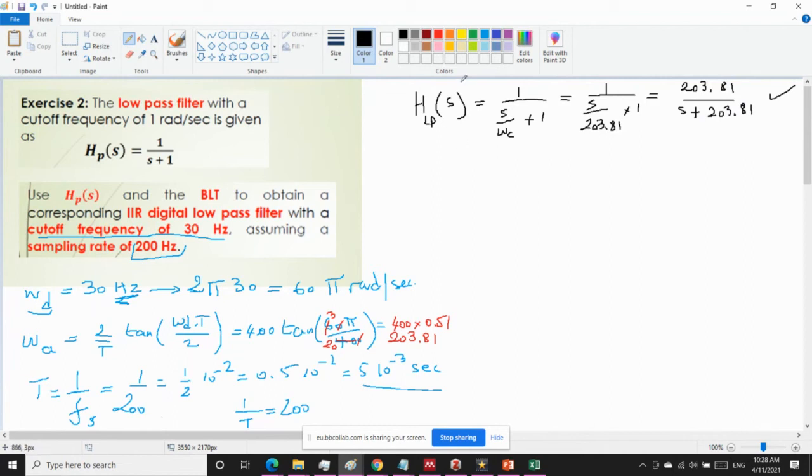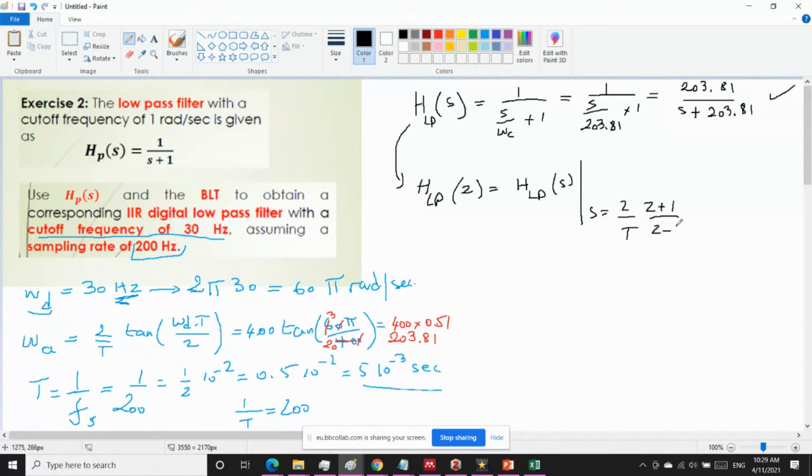All right, so we have the equation for the low pass filter, the analog transfer function. Now we can digitize it. To do that, we take this analog one and digitize it by setting S to be 2 over T times Z minus 1 over Z plus 1.